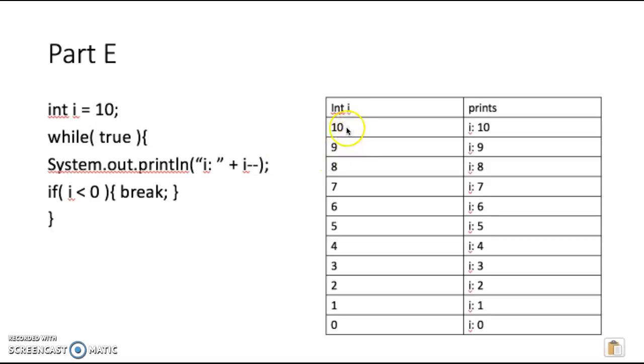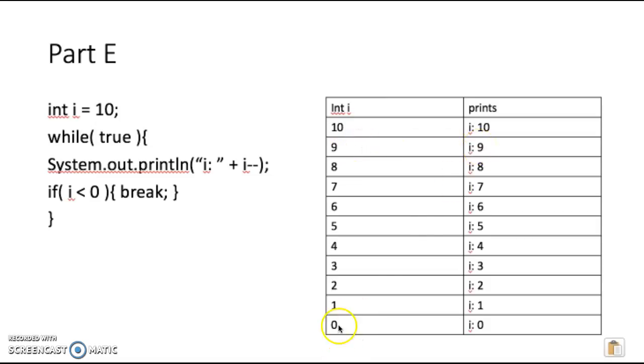So this is why, for example, when we start off, we could do 10. I guess we would print out I colon 10, and then we would minus 1 from 10, and then we would have 9, and then we print out I colon 9.